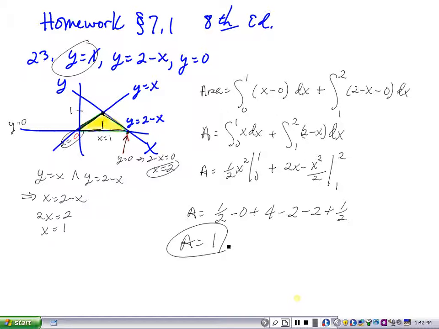Well, let's look at some problems now in 7.2. Let's take 11b.